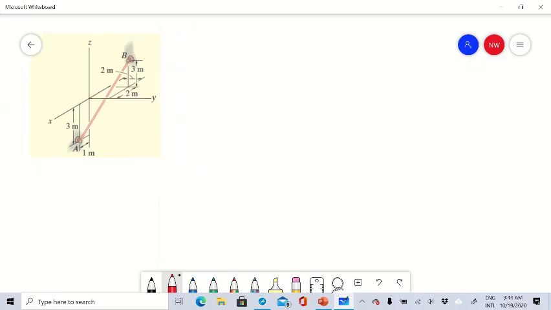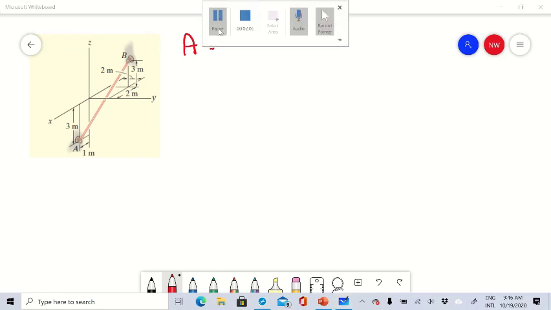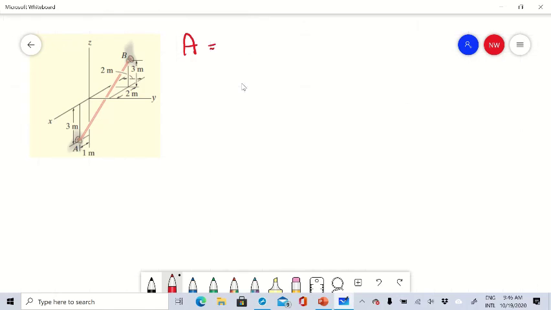So what are the coordinates of A? You can see that A is on the xz plane, right?